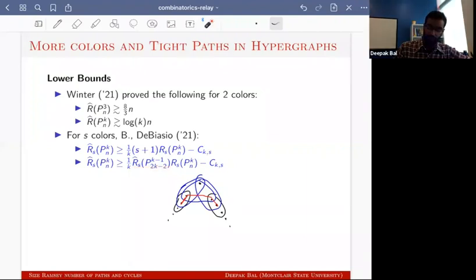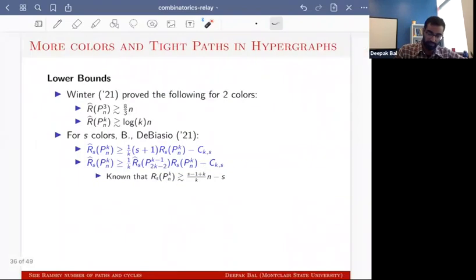So I have to order the vertices in a special way and then color them. But it is possible. So basically, this gives you lower bounds in terms of a smaller uniformity and fixed length path size Ramsey number. So what are some consequences of it?